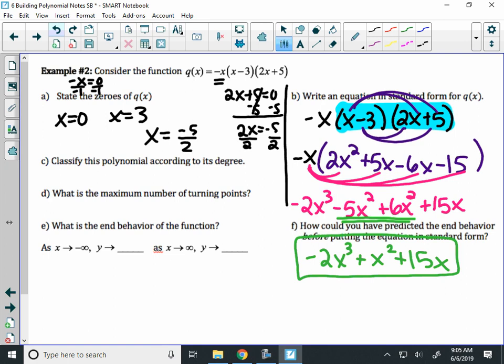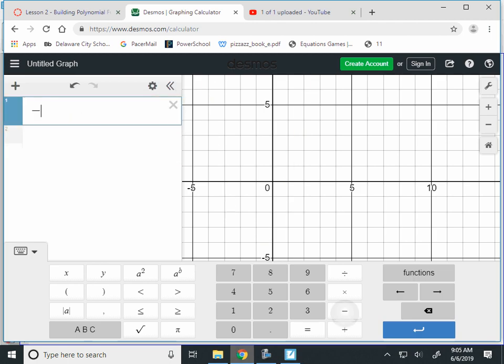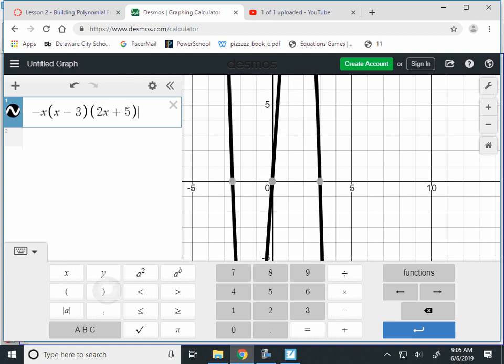Now, just like we did in the last column, you can check your work. Type the original function in, -x times (x minus 3) times (2x plus 5). All right, that's your polynomial.